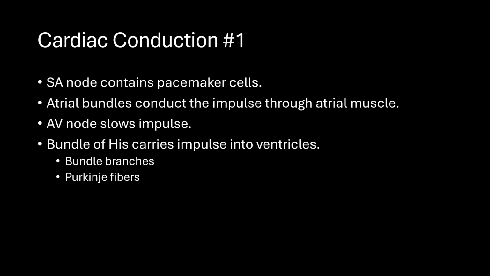It pauses briefly at the AV node. This delay is important because it lets the ventricles fill before they contract. The signal then travels down to the bundle of His, into the bundle branches, and through the Purkinje fibers, causing the ventricles to contract from the bottom up, efficiently squeezing blood out.